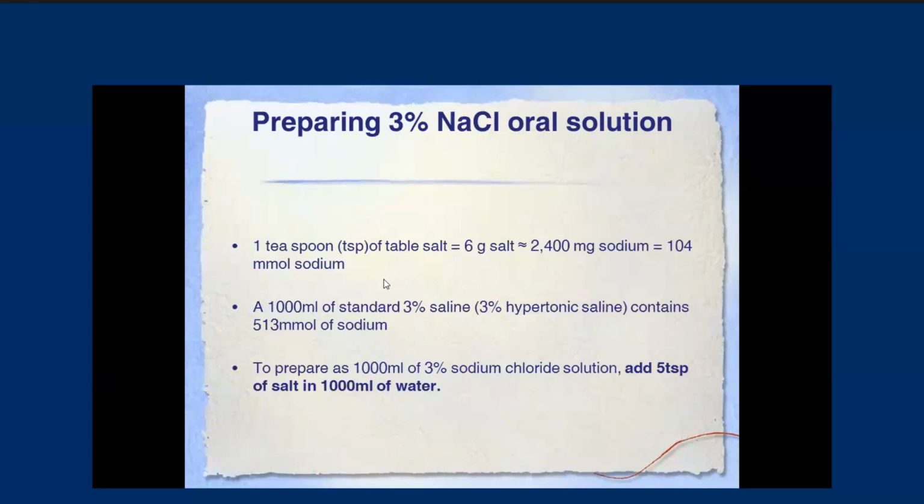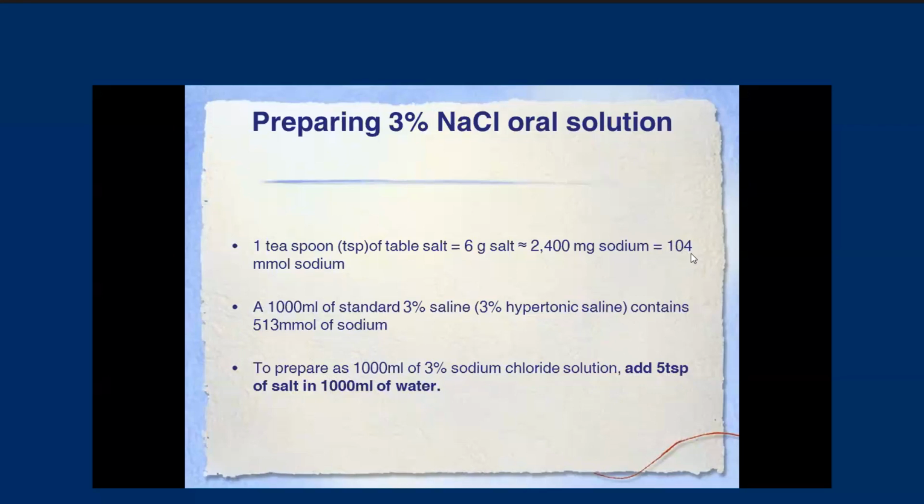104 millimole. So to prepare 1,000 ml of standard 3% saline or 3% hypertonic saline, which is a solution that is going to be given PO, not an IV hypertonic saline, which contains 513 millimole of sodium, we can add 5 teaspoons of salt into 1,000 ml of water.